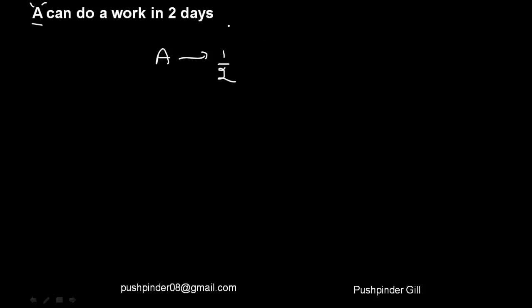If A can do a work in 3 days, that means on the first day he's finishing 1/3 of the work, on the second day 1/3 of the work, and similarly on the third day he's finishing 1/3 of the work.